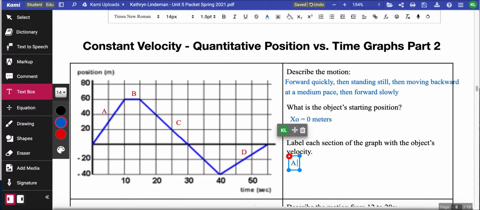So for A, we have a rise of 60 meters over a run of 10 seconds. So that means that we have a velocity of 6 meters per second. For B, we have just 0, because do we see how it's a flat line? So that means we have a rise of 0 meters, a run of 5 seconds. So we get 0 meters per second.